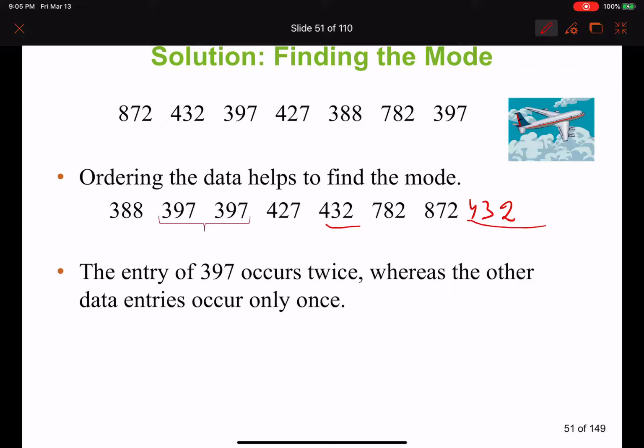If we would have another one here, 388, then it would be trimodal, because we would have 3 elements that repeat themselves. Okay, this is about mode. So mode also identifies a kind of measurement of central tendency.